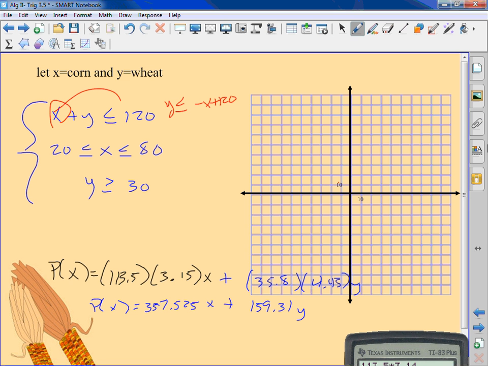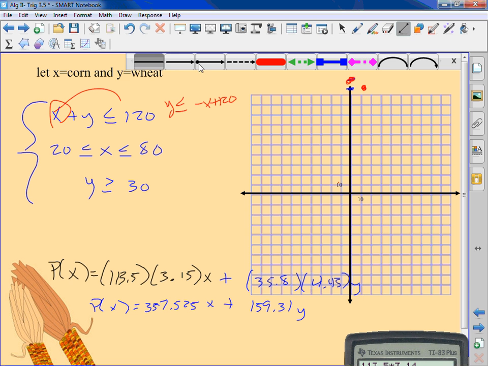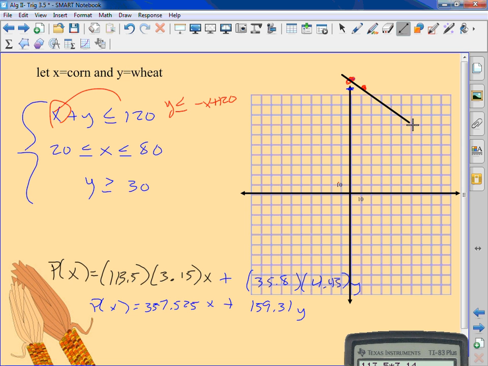So I have 120, and I'm just going to estimate. So there's 120. What's my slope? Down 1 to the right 1, so I'm right there. My line is solid.